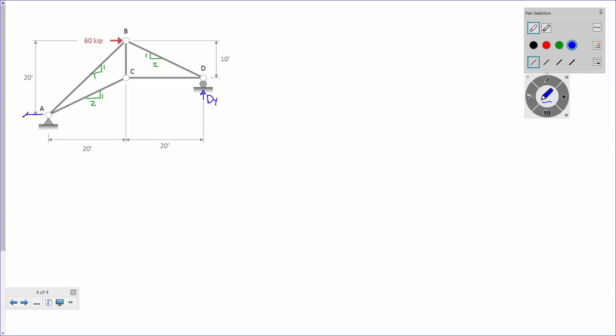It should go to the left, because if 60 kips is going to the right, I can just look at that and say it's 60 kips going to the left, right? Now, I don't have any vertical forces, so it would make sense that if I have DY going up, I better have AY going down, because there are no vertical forces on the structure, right? That's a simple one.